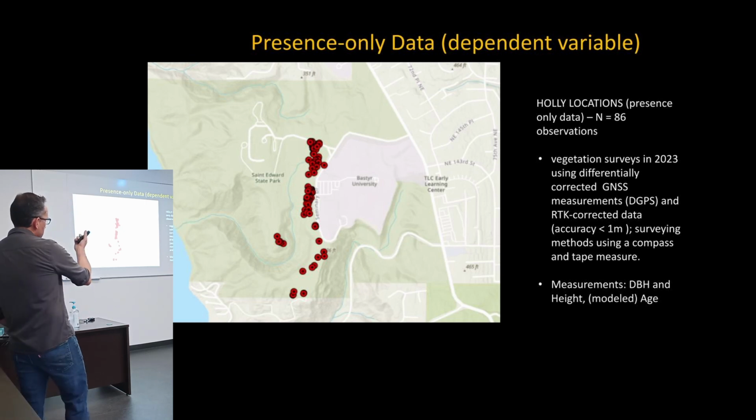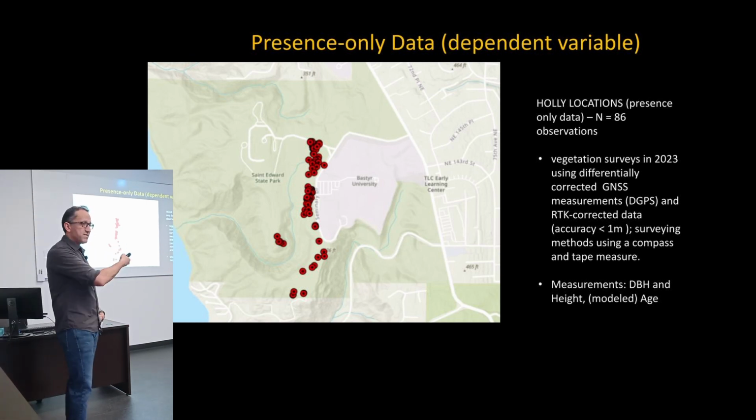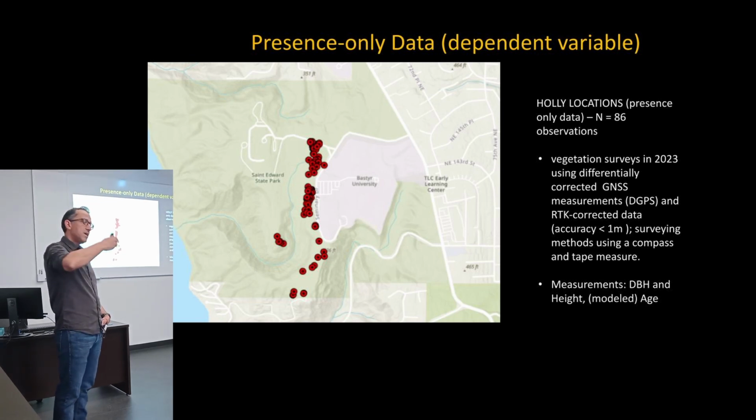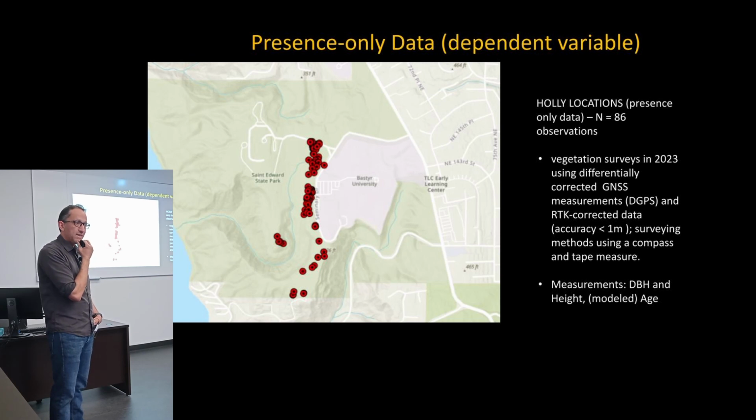In addition to location, we also measured DBH, the diameter at breast height, and also the height of the tree, so that we can have an idea of how old the trees are. We're in the process of figuring out how old these trees are using some of the data collected in the past. Since we have a lot of data, we can come up with some precise estimations about the age of the trees that we mapped this time.